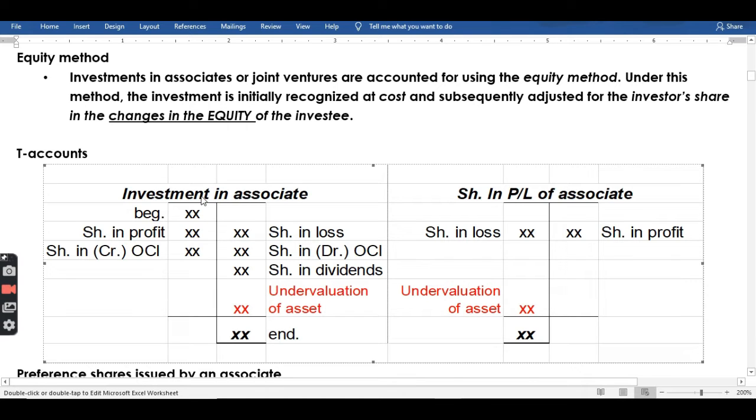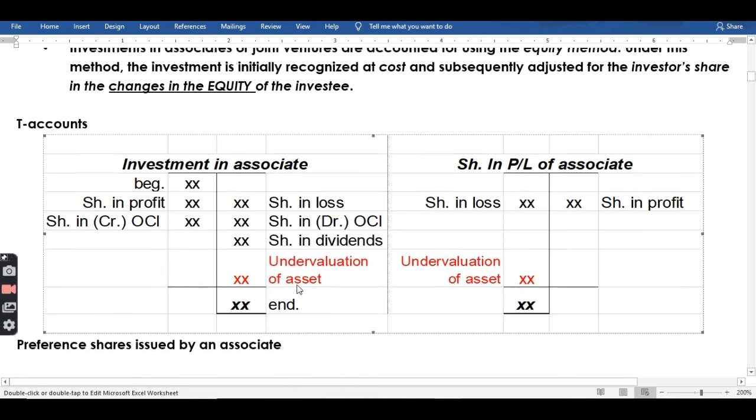Okay? Kapag nagkaroon ka ng receipt of that particular dividend. Okay? Yun. Tapos yung mga undervaluation and overvaluation of assets, syempre magkabaliktad naman yung mga yun. Later on kasi, ito yung kapag nagkaroon tayo ng amortization or adjustments for the undervaluation or overvaluations. Meron tayong example mamaya.